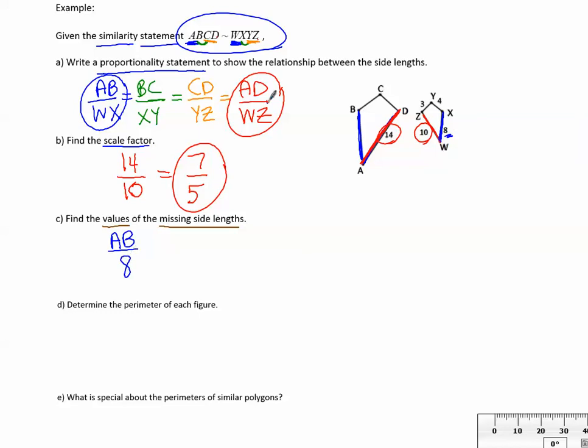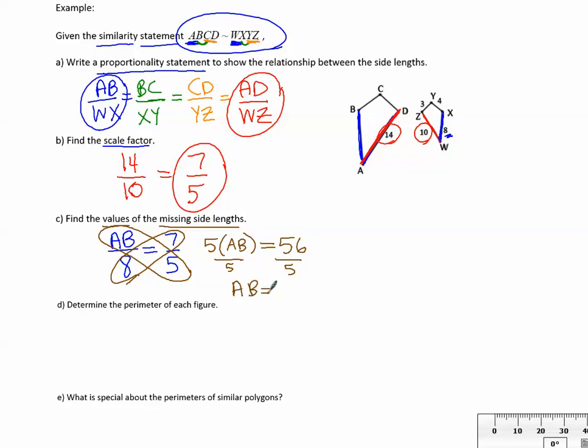And remember, all of these ratios are equal, so this equals 7/5. Remember how we solve a proportion? That's right, cross multiply. 5 times AB can be written as 5AB equals 8 times 7 is 56. Divide both sides by 5, so AB equals 11.2.